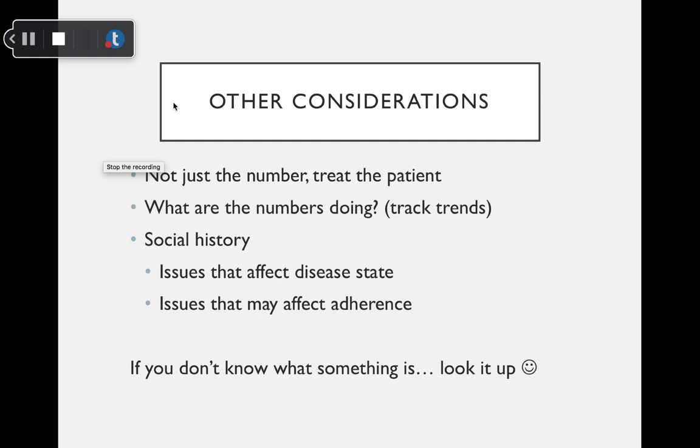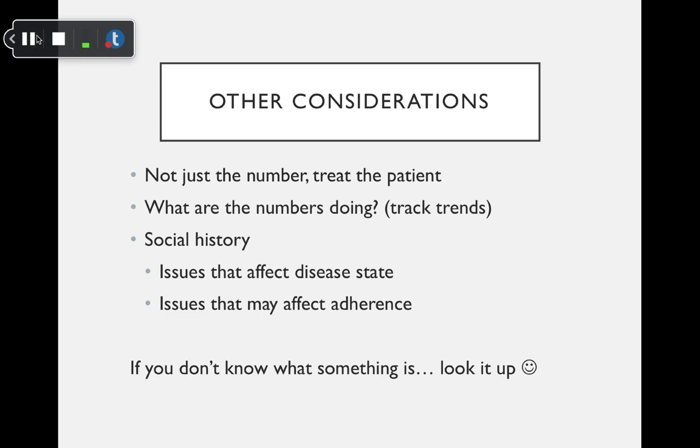Other considerations: just remember to not just treat the number, but to treat the patient. A good example of this would be certain labs, maybe their clearance is 31. Maybe it's a good idea that we err on the side of keeping more drug for the patient, even though that number doesn't read exactly 30.